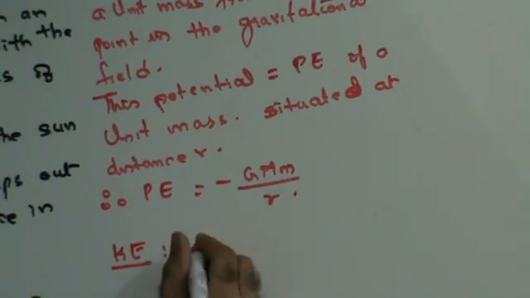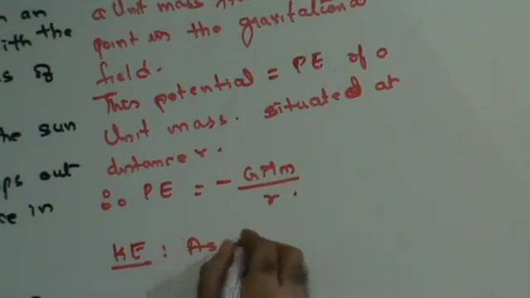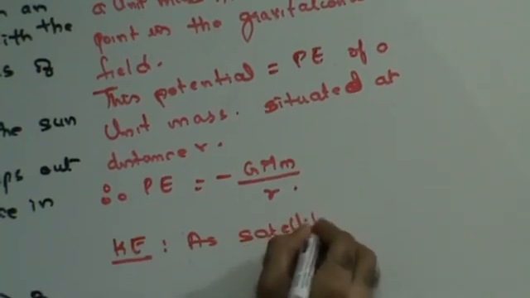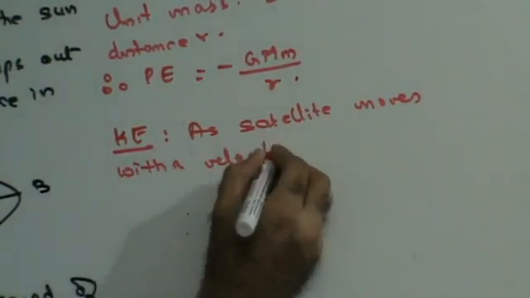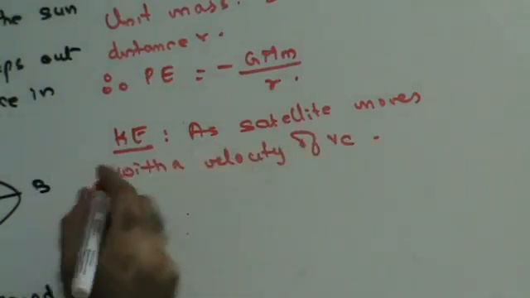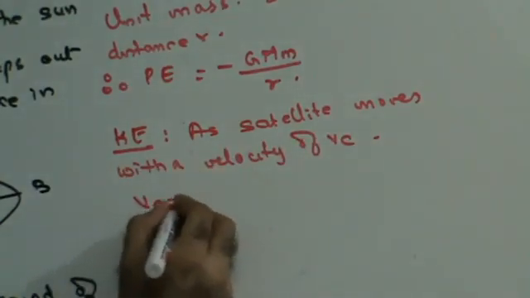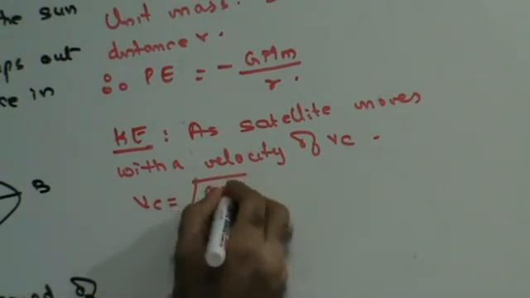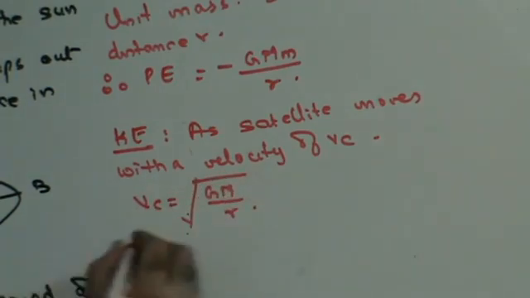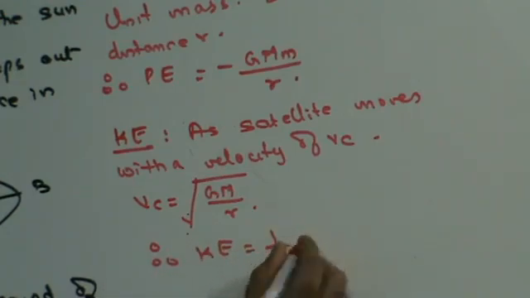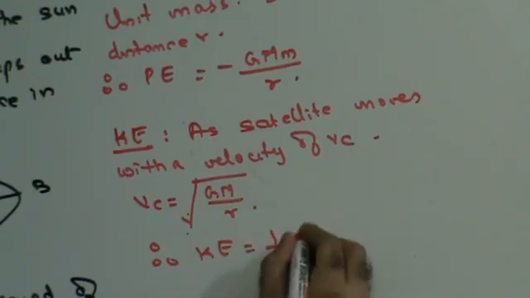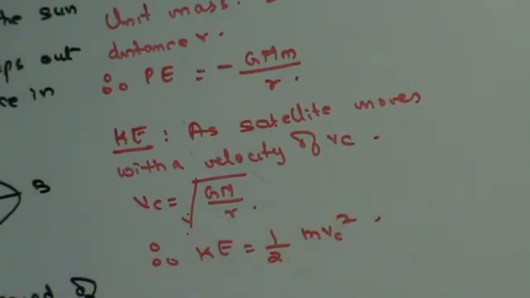Kinetic energy, as the satellite moves with a velocity of vc, where vc is equal to square root of GM upon r. Therefore, I can say that kinetic energy possessed by the satellite is half mvc square, right?